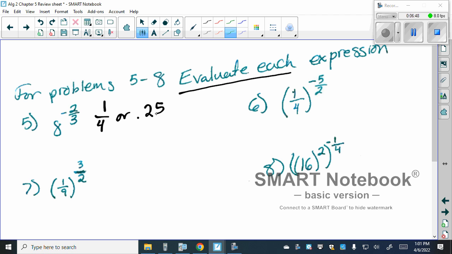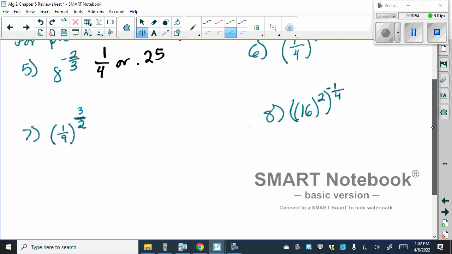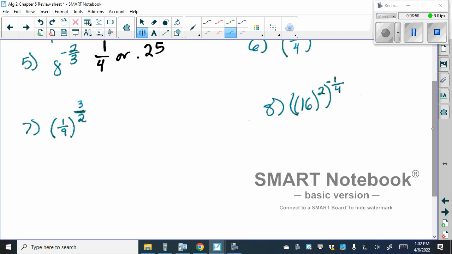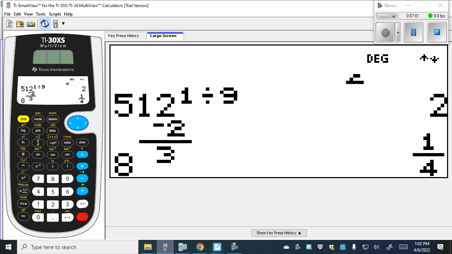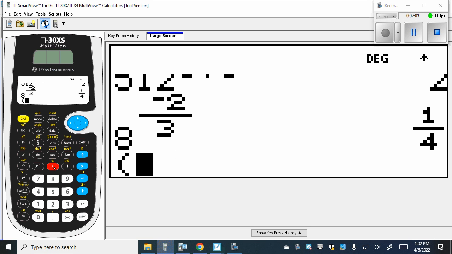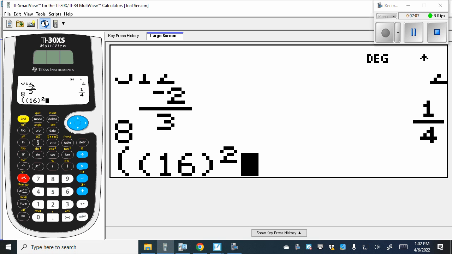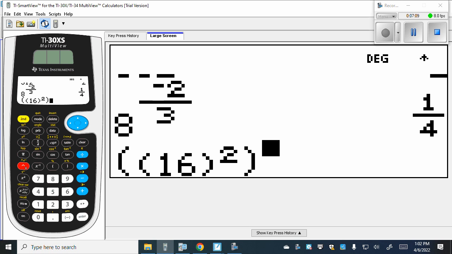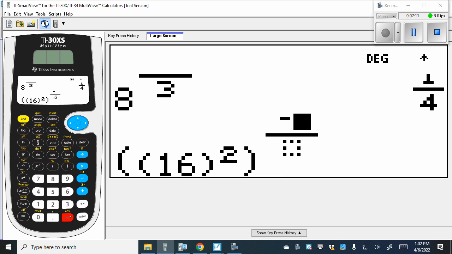Is there another one of these that we want to look at? Number 8: 16 squared to the negative 1/4. We can do it on either calculator. Parentheses, parentheses, 16 squared, to the negative 1/4.